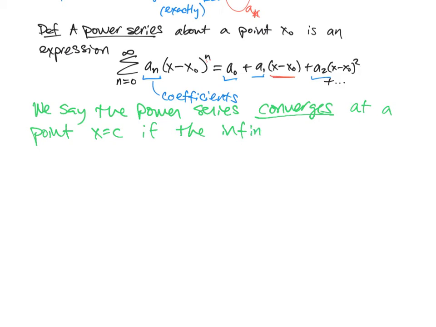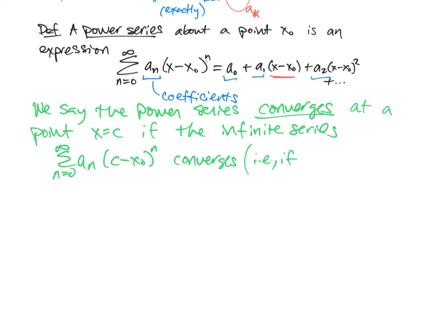So if the infinite series, the sum from n equals 0 to infinity of a_n times c minus x naught to the n, converges.